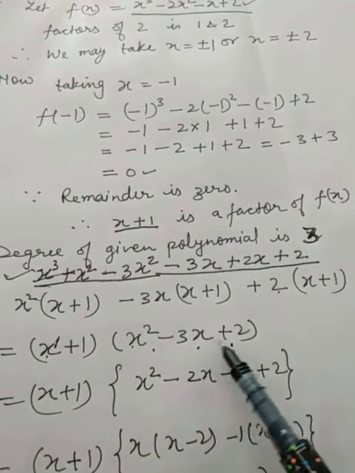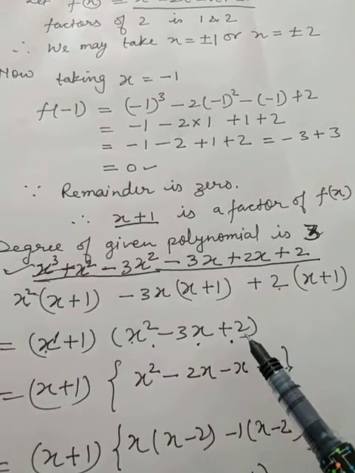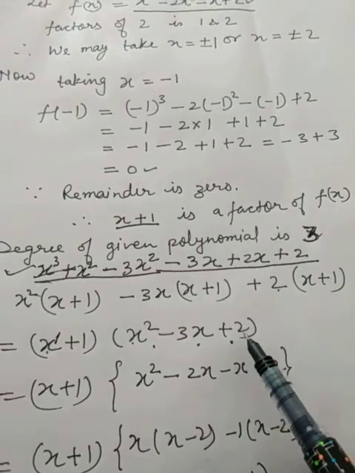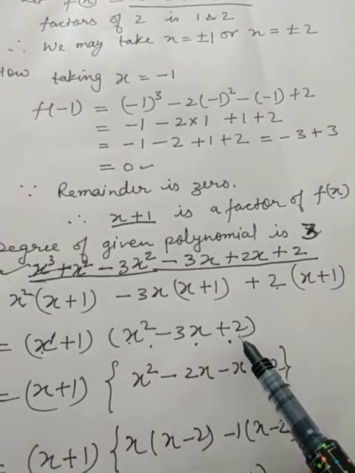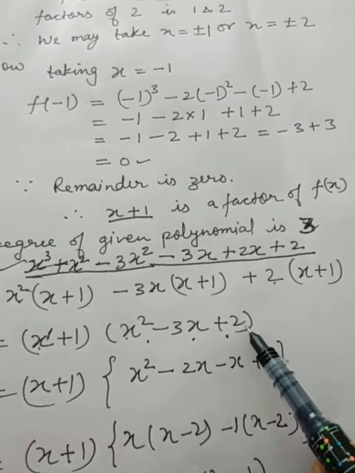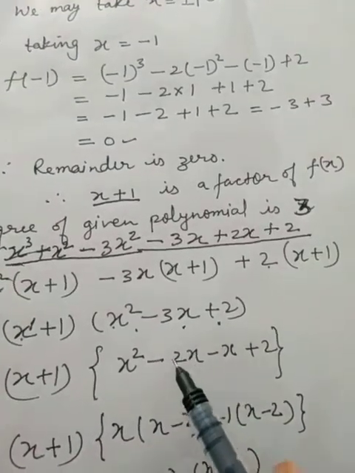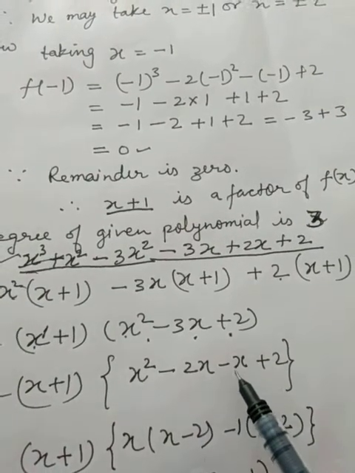But in this degree 2 factor, there is a possibility of factorization by splitting the middle term, because the factors of 2 are 2 and 1. So the middle term can be split as minus 2x minus x.